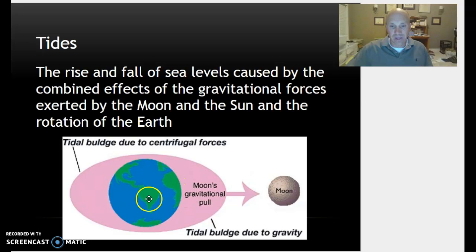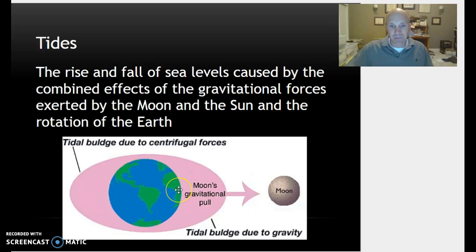The thing about the land is it's a hard, solid material, so that gravity can't really pull on it that well. But water is liquid, and when that gravity pulls on all the water in the Earth's oceans, it causes a little bulge to go this way. This little oval right here is really, really exaggerated.